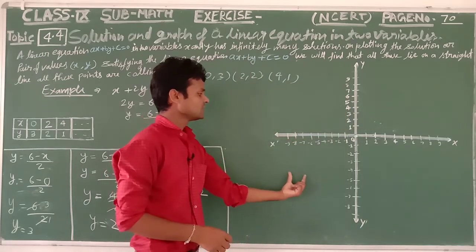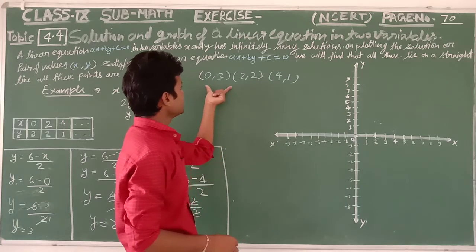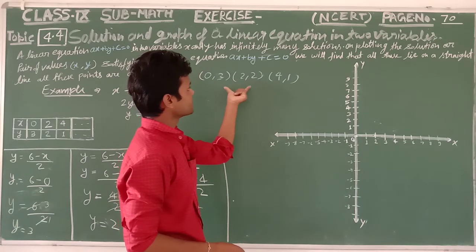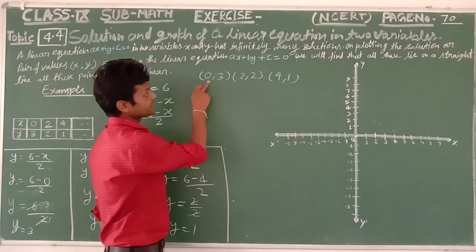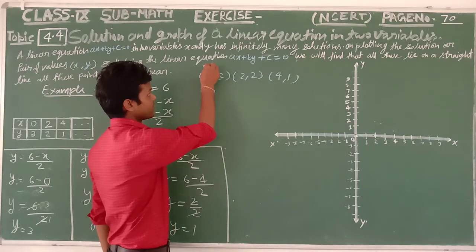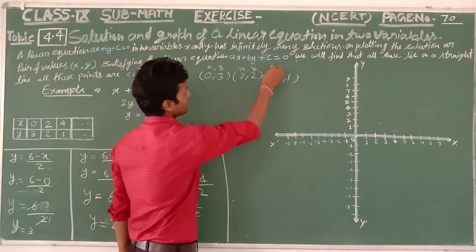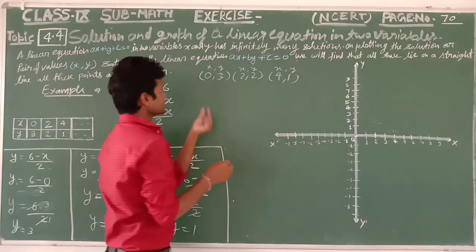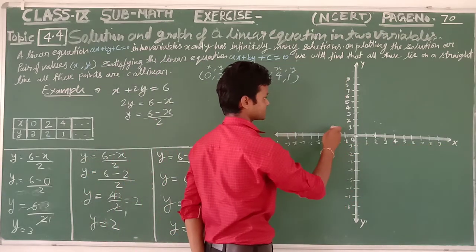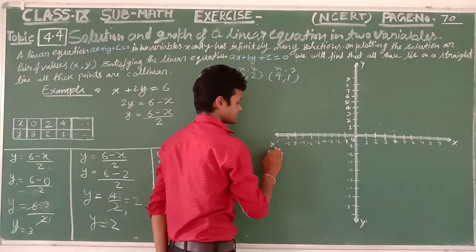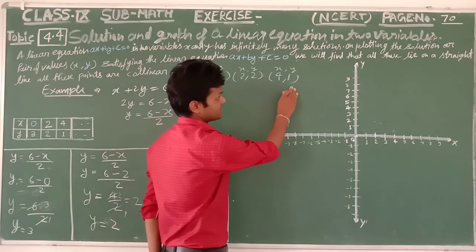Look here, this is a figure of a graph. This is the x axis and this is the y axis. This is x dash and this is y dash axis. All our points are positive.